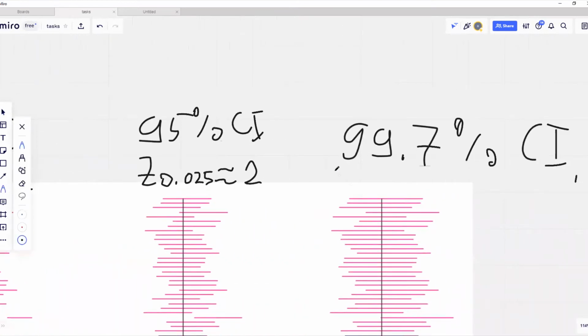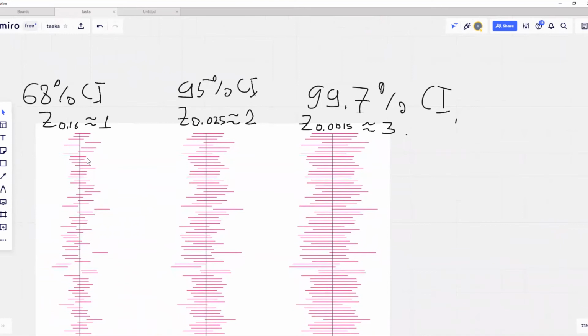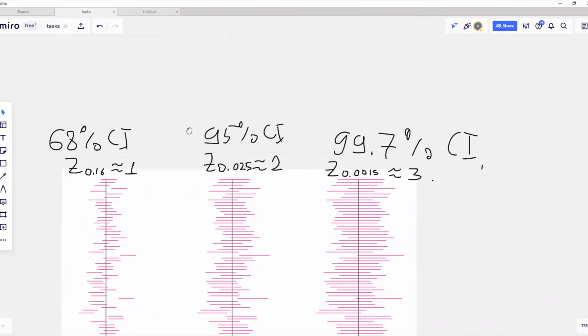And in that last case, Z of 0.003 divided by 2, so this is Z of 0.0015, is approximately equal to 3. Then you can see the lengths of our confidence intervals.